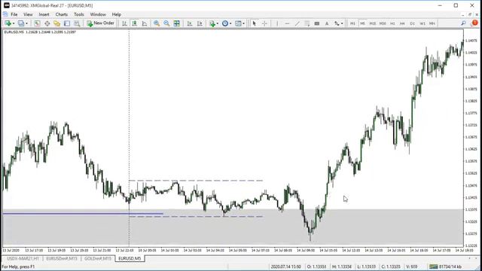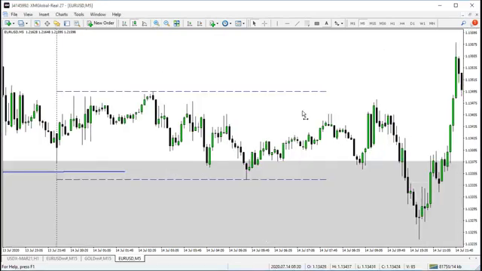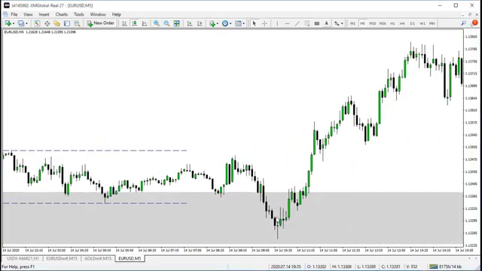So here, as you can see, let me zoom in a bit. Price comes down, we have a new lower low here. So now this was a different kind of setup, to be honest, because the swing lows and swing highs that happened here were all made by the same candles.